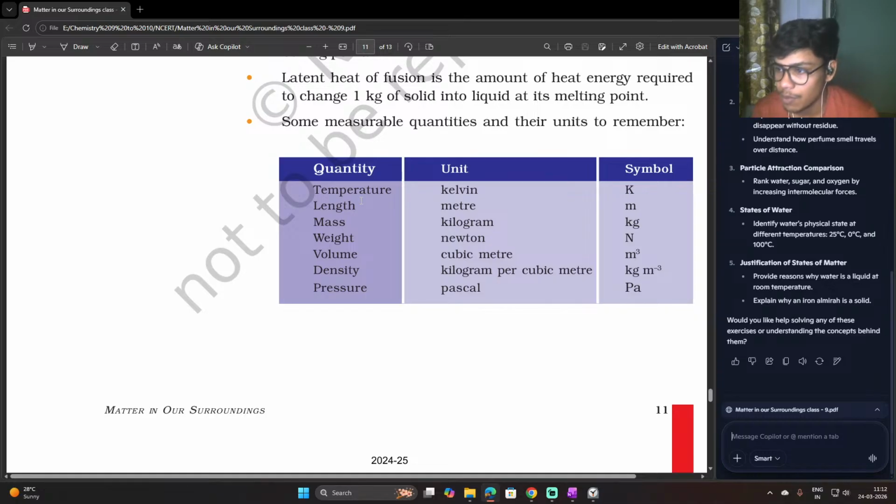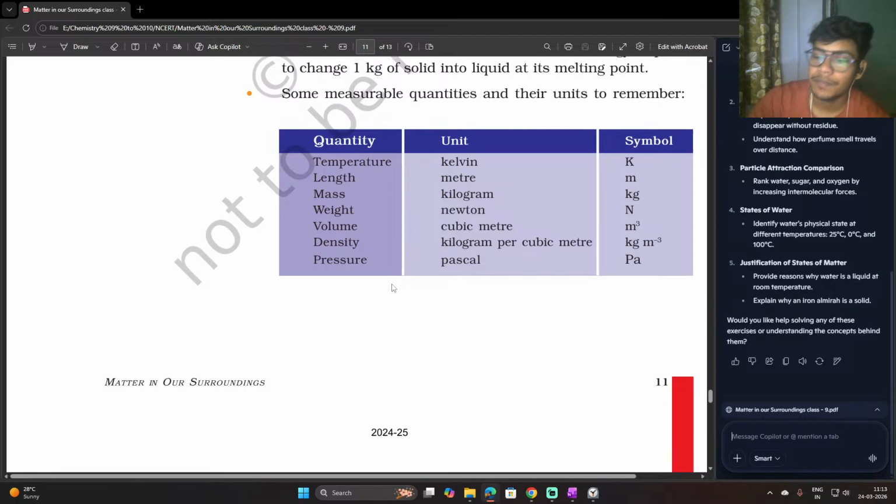Density: kilogram per cubic meter, symbol kg m⁻³. Pressure is always measured in Pascal, symbol Pa. So density is kg m⁻³, volume is m³, weight is Newton, mass is kilogram, length is meter, and temperature is Kelvin.